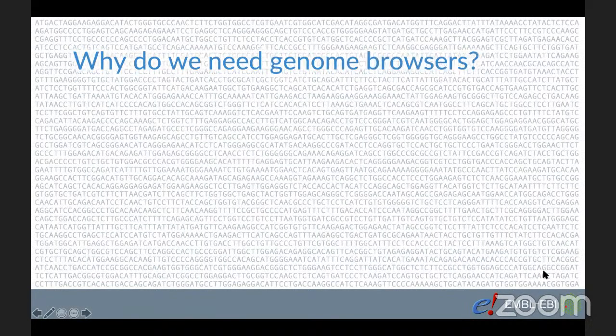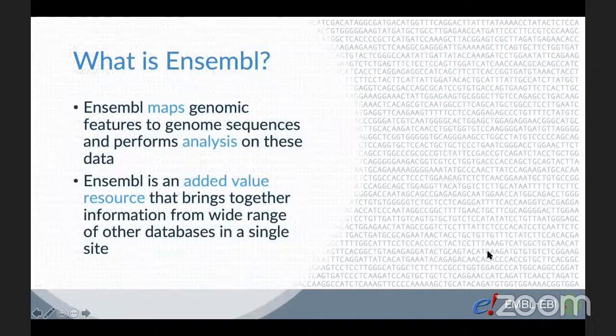So why do we need genome browsers in the first place? Essentially, what we get from a sequencing experiment is an overwhelming bunch of letters of the genetic code, which is difficult to make sense of and interpret without context and annotation. So what Ensembl does is take publicly available genomes, and I have to stress, we do not do any sequencing ourselves.